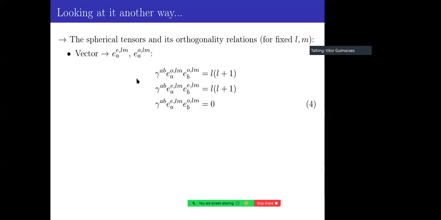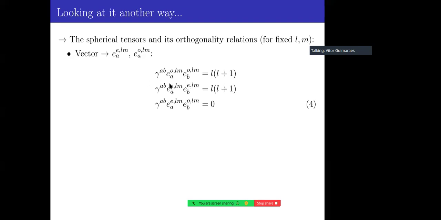And what we mean by the orthogonality relations is basically this. When we're dealing with tensors and tensor notation, to take the inner product means that we are contracting the vectors with the metric. And since these vectors are only vectors in the two-sphere, it makes sense that we take the inner product with respect to the two-sphere metric.